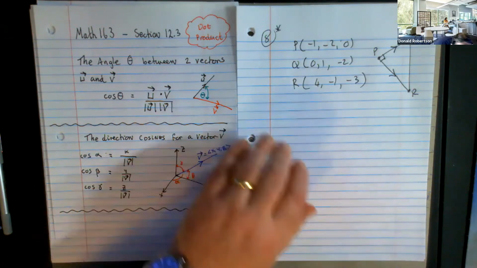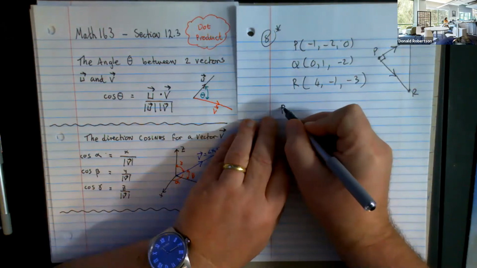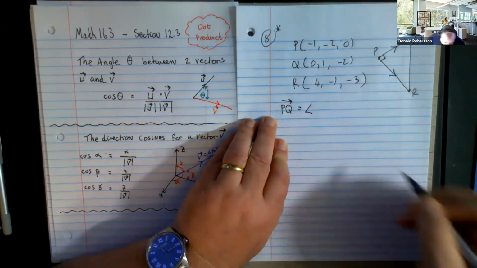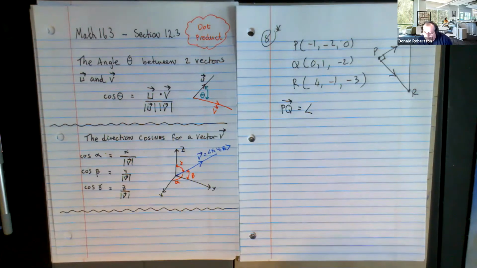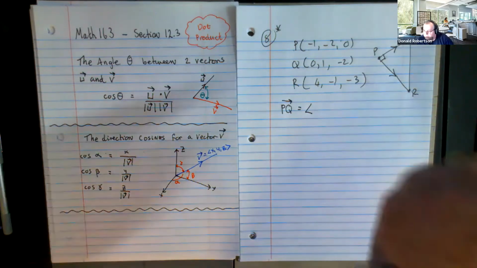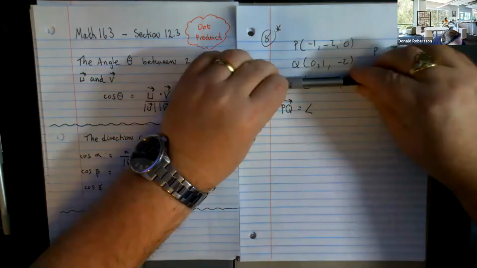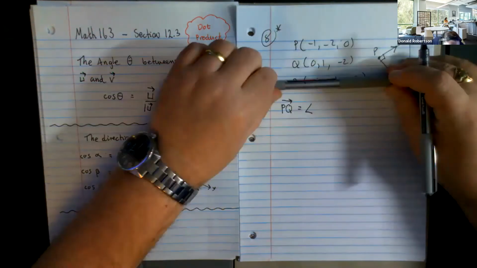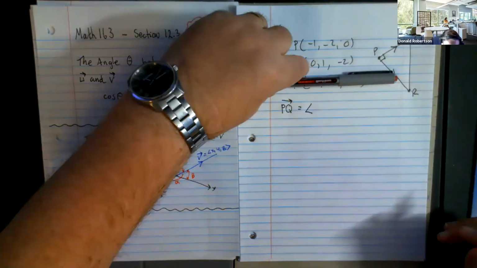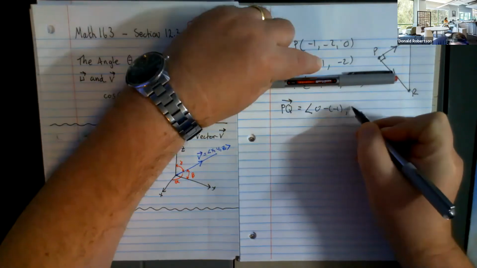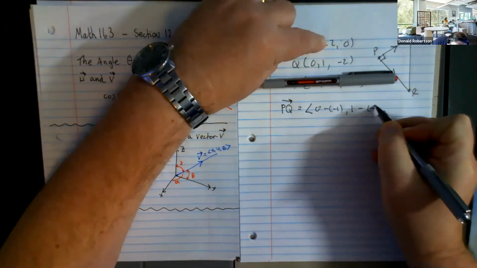So here goes. If you want to find the vector joining P to Q, can you remember yesterday, I called it 2 take away 1, right? Q take away P. So it's 0 take away -1. Second guy, take away the first, right?